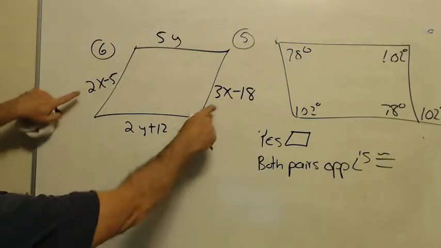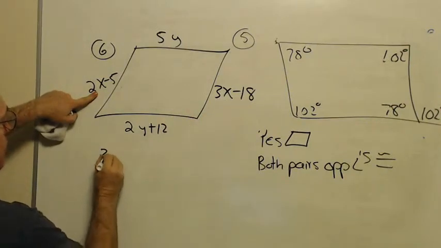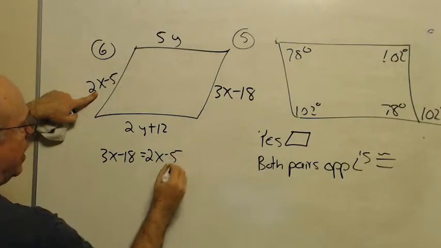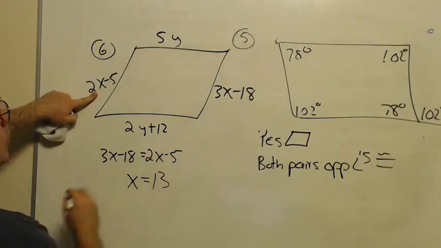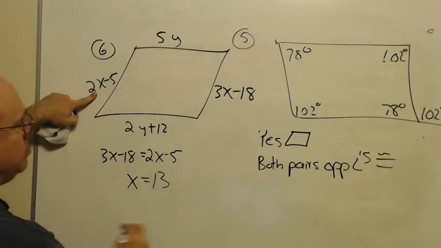So here, since opposite sides would have to be congruent if that's a parallelogram, you have 3x minus 18 equals 2x minus 5, and when you solve that, you get x being 13. To find y, you do it in the same way because those are opposite sides that would be parallel.